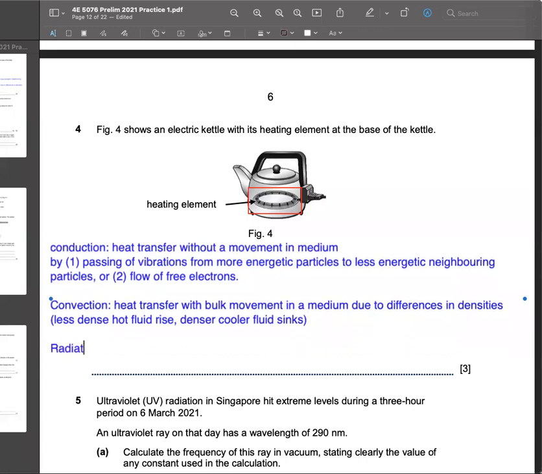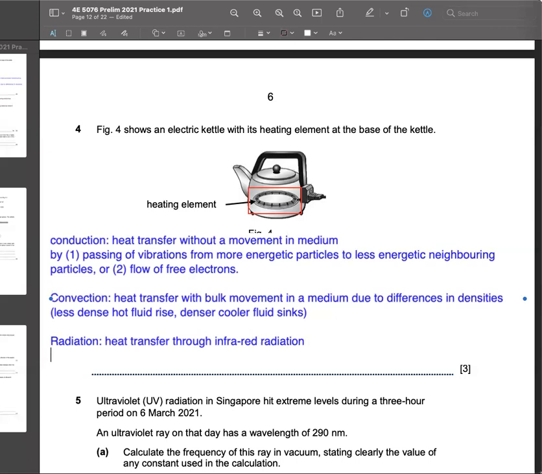Then what is radiation? Radiation is heat transfer through infrared radiation. Okay. So when do you use a good emitter?